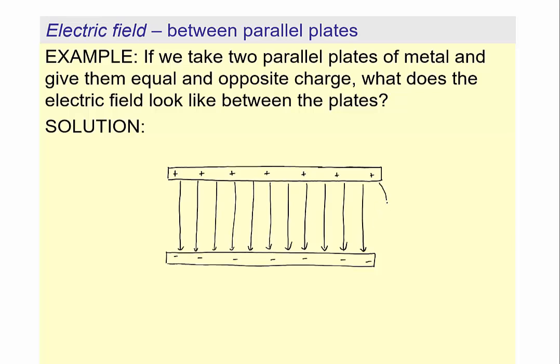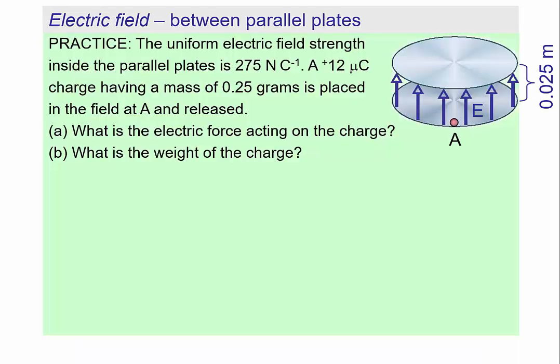Of course at the ends you have a little bit of bowing, because you don't have that direct attraction and repulsion directly between the plates. But in the center there is a uniform field. That's the really special thing about parallel plates: the electric field between them is uniform.